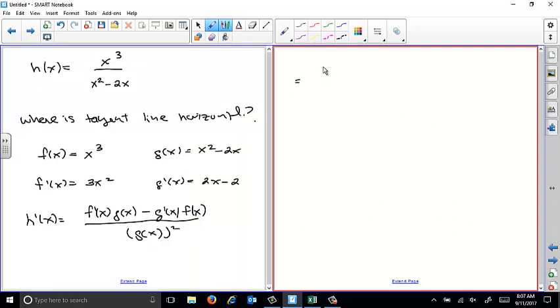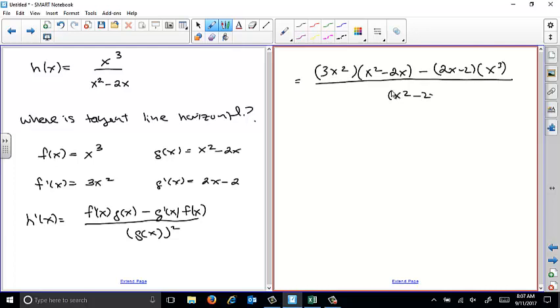So f prime of x is 3x squared. g of x is x squared minus 2x, minus g prime of x, which is 2x minus 2, times f, which is x cubed, and we divide that by g of x squared. So we get that.